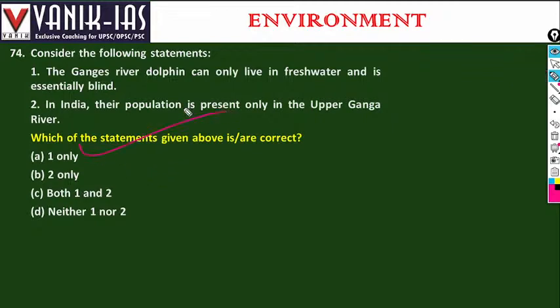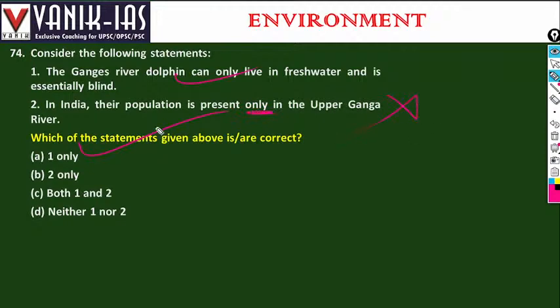So one only is the answer, because yes, it is present, it only lives in fresh water. And in the second statement there is the word only, so this is wrong.